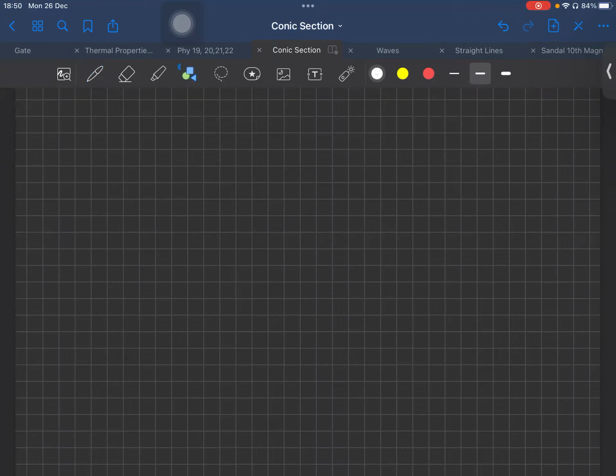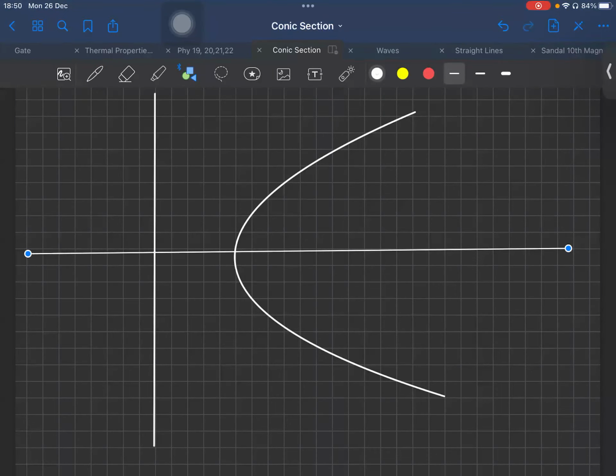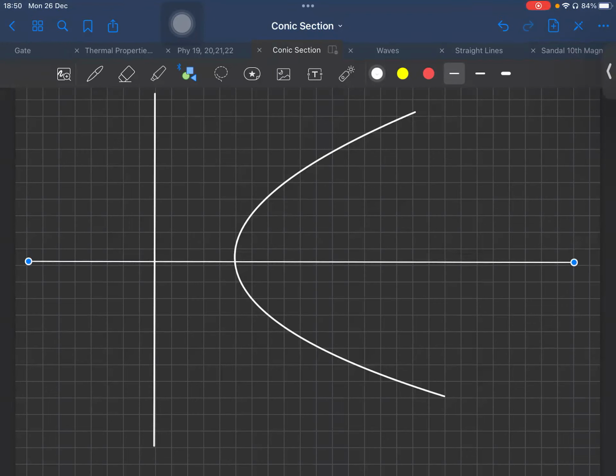Okay, so we already have the definition. Let me draw a parabola. I'll try to draw a parabola. So let's go through some terminologies. First, understand the terminology related to a parabola. See, now let's say this is the directrix.